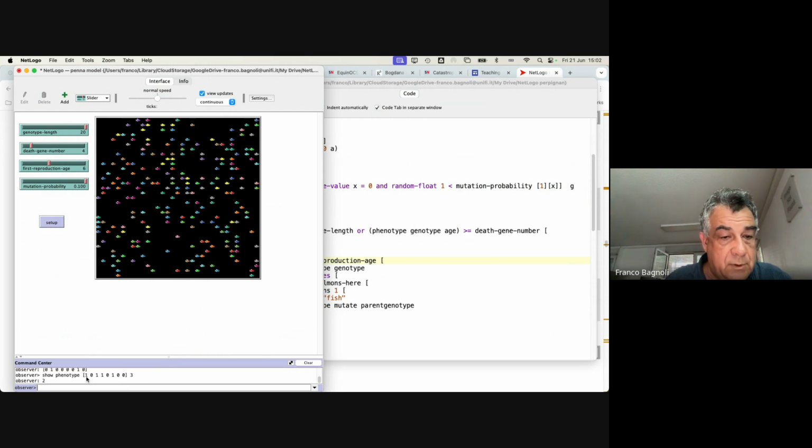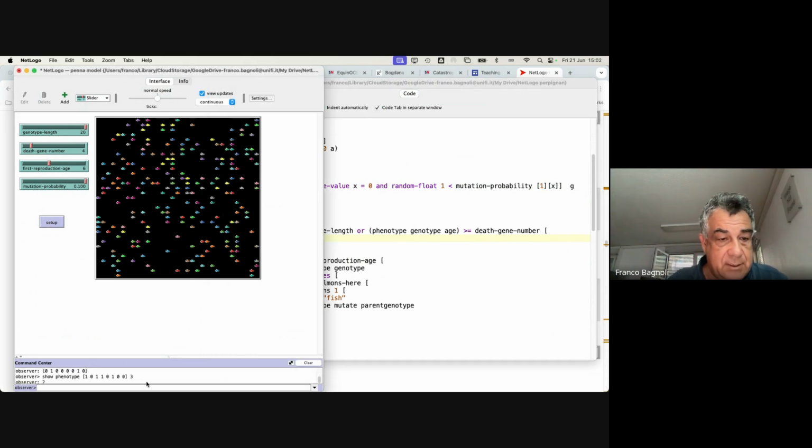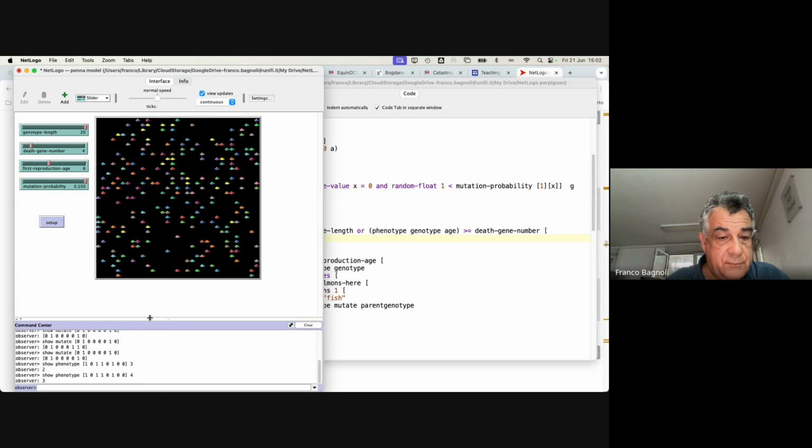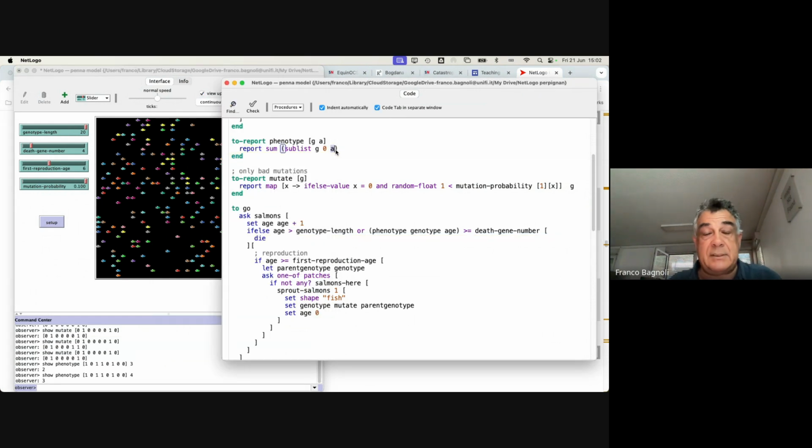Because 0, 1 and 2, and sublist from 0 to A. I think A is excluded from this, because otherwise, yeah, it's 0, 1, 2, 3 and not 1, 2, 3. It should be from 0 up to before this, but it's not really important now.